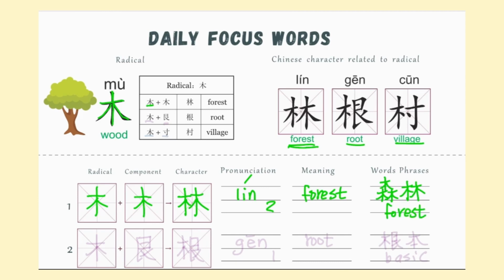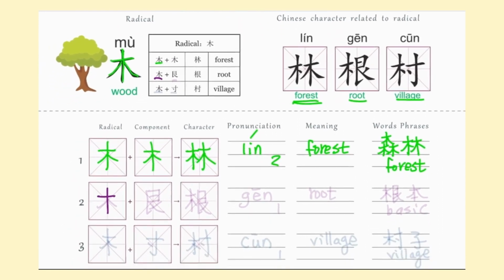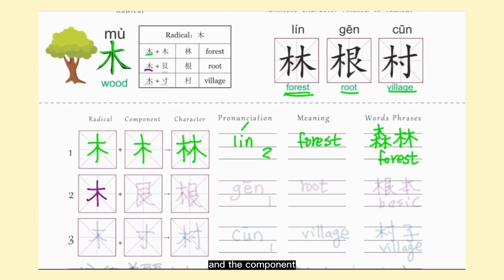And then the second Chinese character we call gen. And let's write down the radical first. And then the component. And then the Chinese character we call gen.